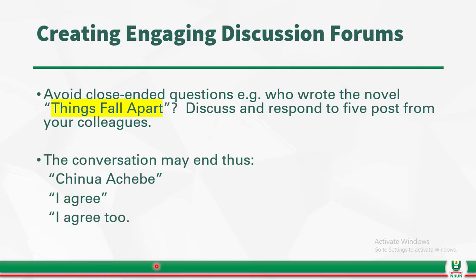Then another person may come, I agree too. So at the end, you discover there is no discussion, because there is nothing conversational. It is because of the way the question has been constructed. Chinua Achebe, and that is it, it's right.